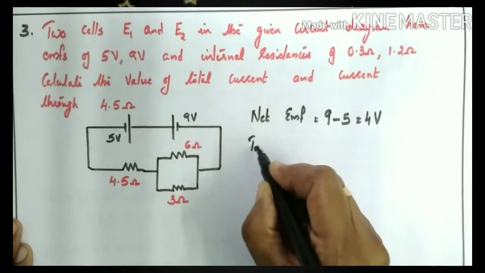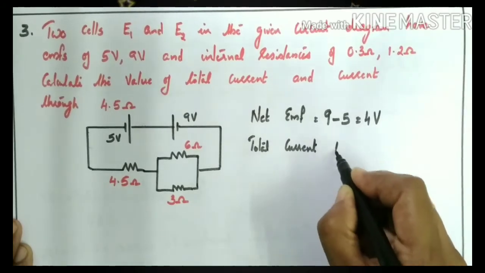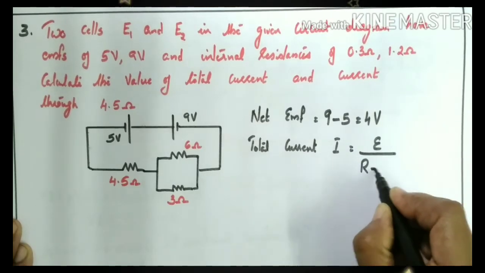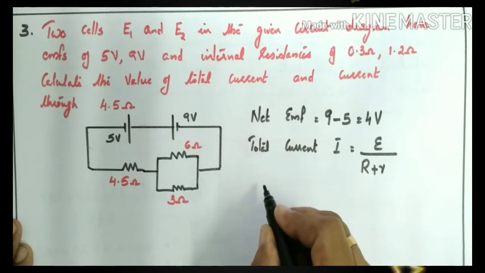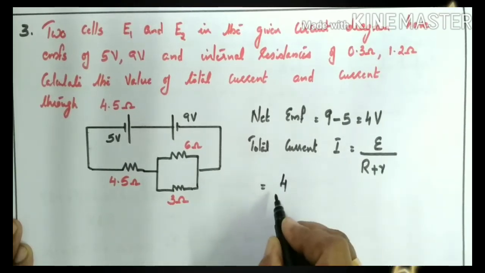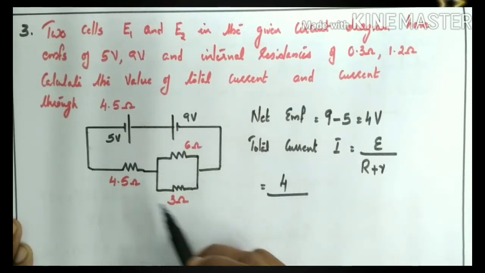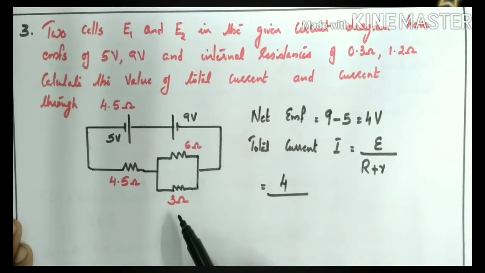Total current I is given by the formula, total EMF divided by R plus r. So here I equals, what is the total EMF, which is 4 volt, divided by what is R? R represents the total external resistance. Here 4.5 is there, 6 ohm and 3 ohm are connected in parallel, isn't it?